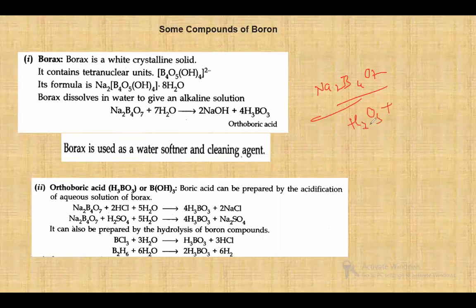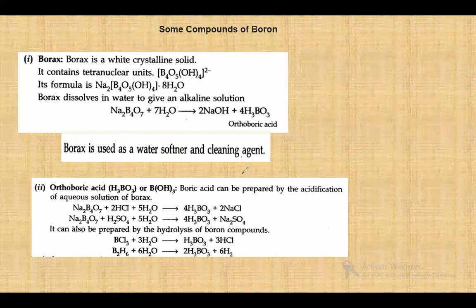Boric acid is treated with soda ash, sodium carbonate, to give Na2B4O7, which is called borax or sodium tetraborate decahydrate, with the liberation of carbon dioxide, CO2, and H2. These are the two important methods.